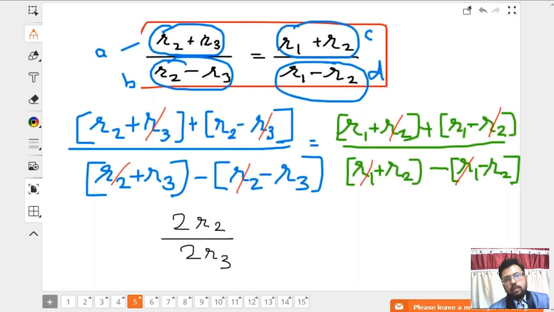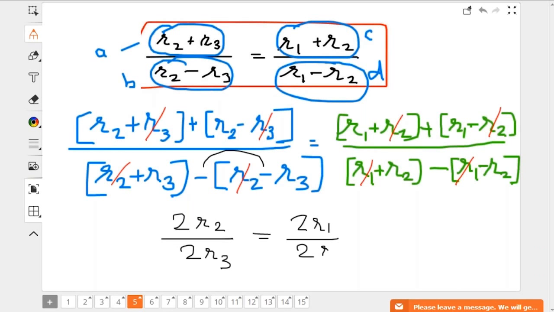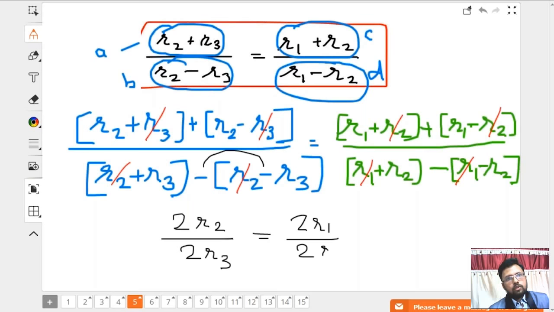Check the signs, guys, because minus into minus will become plus. Take care. It will be equal to 2R1 divided by 2R2. Clear? So all the 2's would get cancelled again.